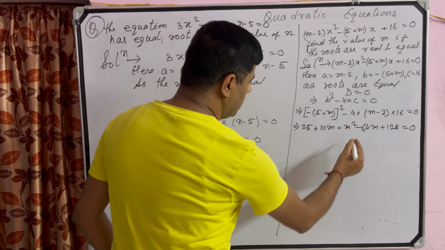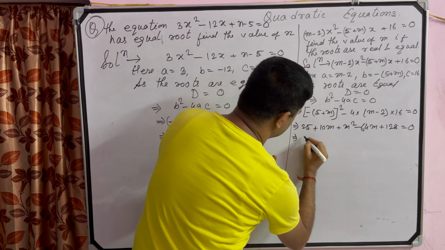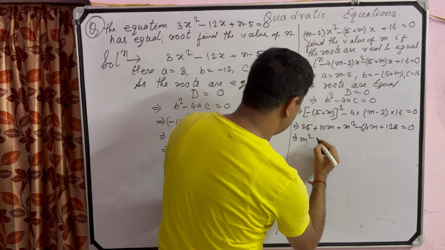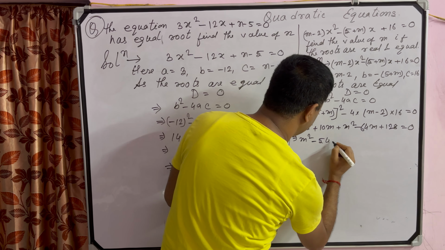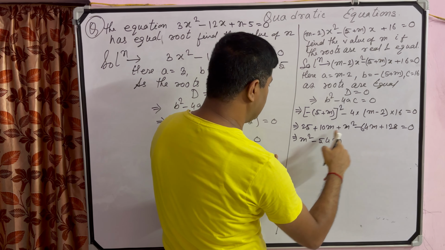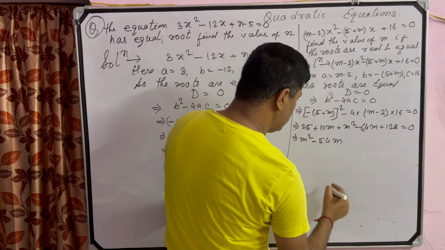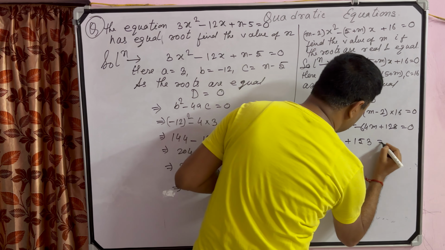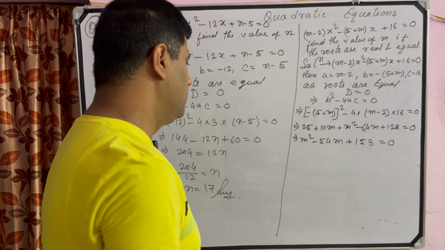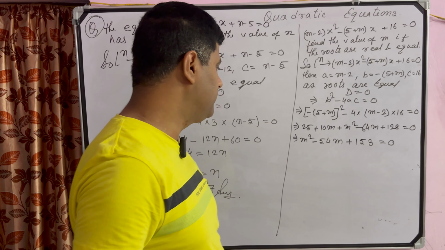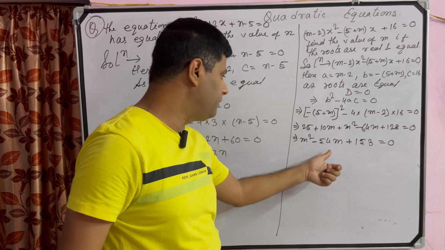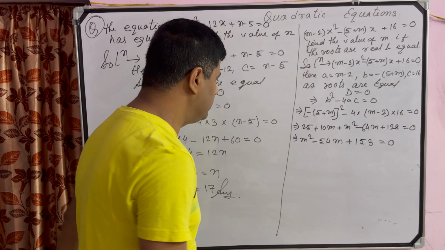Now solve it. So you arrange it in a quadratic equation, it will be m square 64 and 10, so it will be minus 54m and 128 plus 25, so it will be plus 153 is equals to 0, correct? Okay, so you have to do the middle term factor. See, it is coming up 51 into 3 and 51 plus 3 is 54, both are positive, so you have to add it.